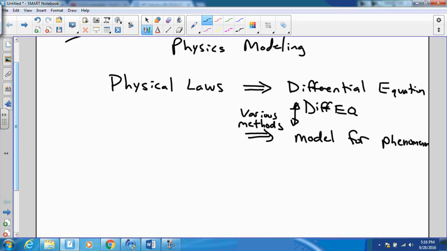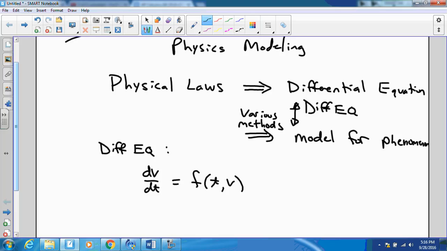Now, what do I mean by a differential equation? Well, simply put, a differential equation is an equation that contains the derivative of some function. More specifically, usually we're going to write the differential equation in the form dv/dt equals some function.